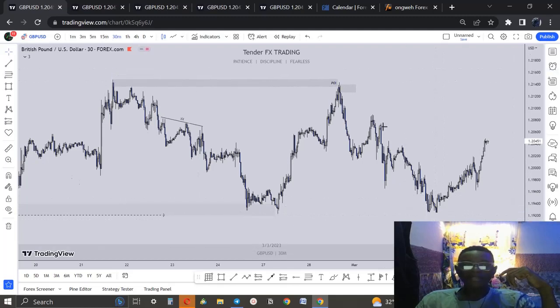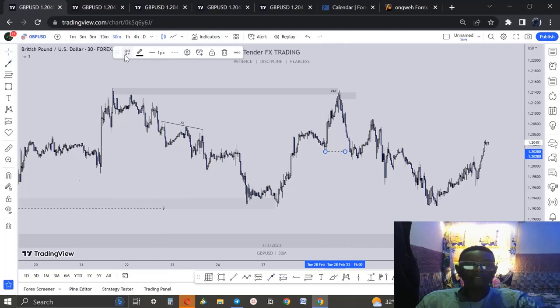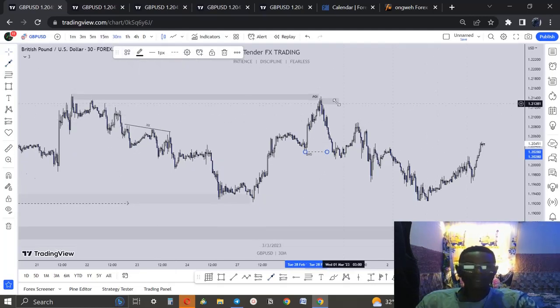So after they broke the structure, I highlighted my break of structure. Let's annotate it. On this trade, I really wait for fractal confirmation, honestly. So the trade was a very, very nice trade for me because there was a fractal confirmation.